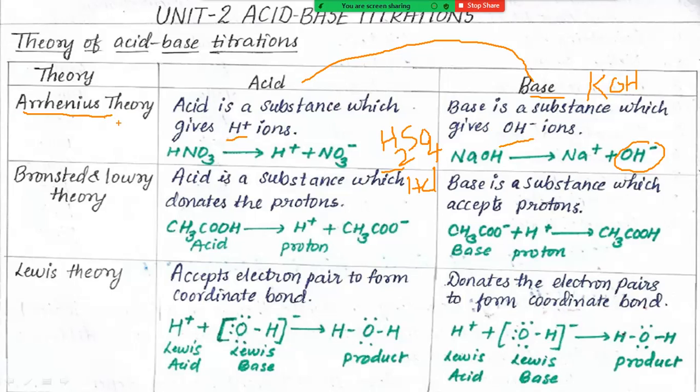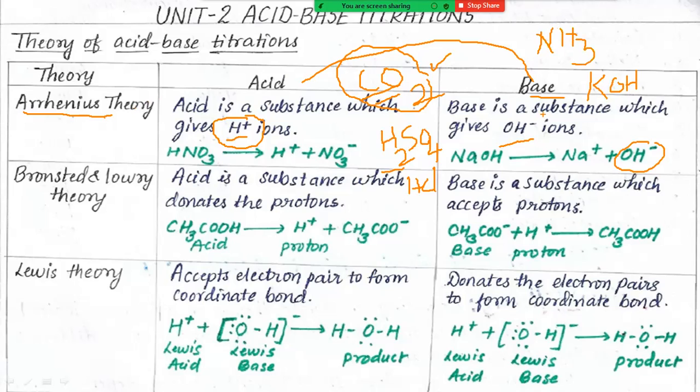And one more thing is that Arrhenius theory does not explain a few other important substances which are used in many chemical reactions, such as carbon dioxide. Carbon dioxide has an acidic nature, but this is not explained by Arrhenius theory. It also fails for compounds such as sulfur dioxide, SO2, sulfur trioxide, SO3, and ammonia.